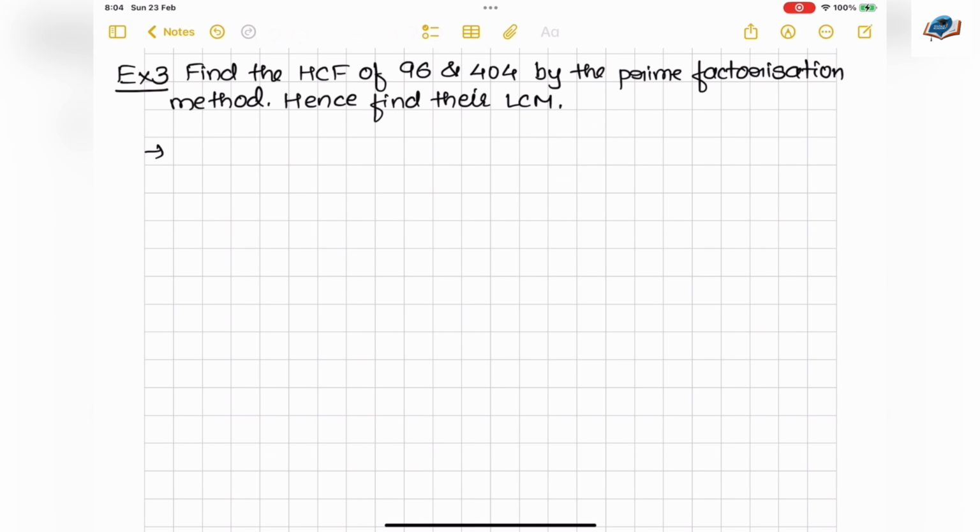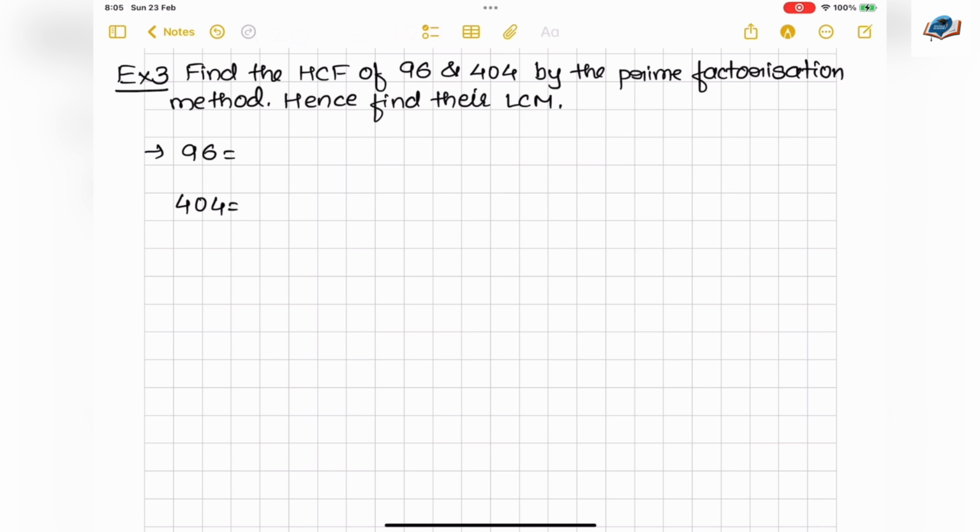Now next question is, find the HCF of 96 and 404 by the prime factorization method, and hence find their LCM. So to do this, first we need to find the prime factorization of 96 and 404.